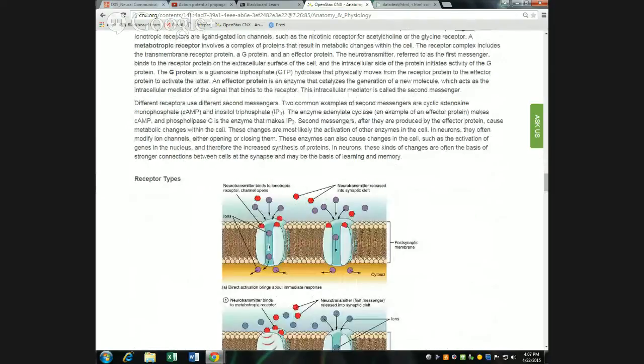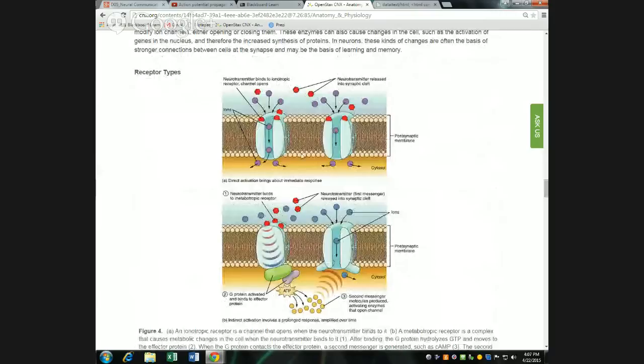There's two types of receptors. I just want to mention this because we're going to talk about receptors in a little bit. Some of them, like what we've already talked about, are ligand-gated ion channels. Okay, so the neurotransmitter, like acetylcholine, binds to the receptor on the external side of the membrane, and that causes an ion channel to open and ions move in.